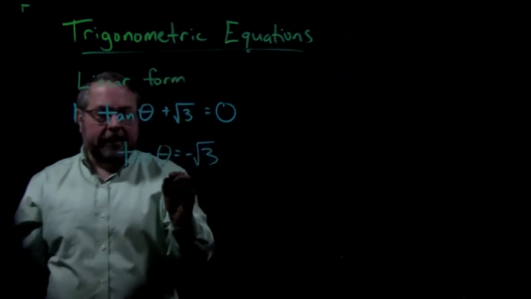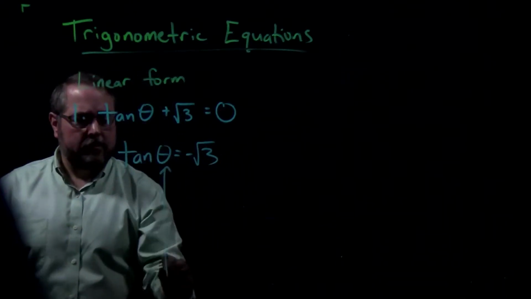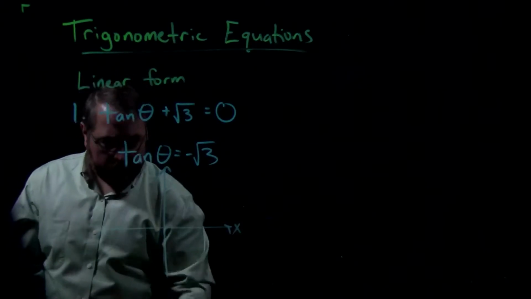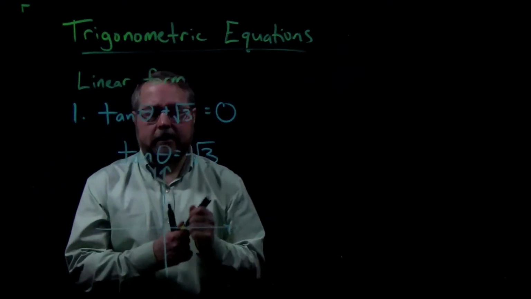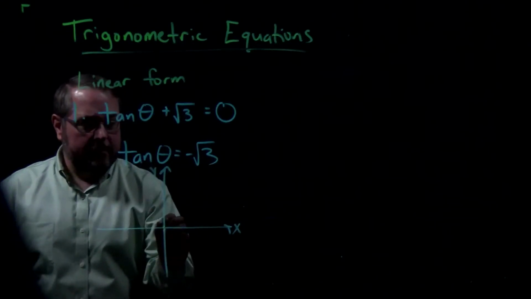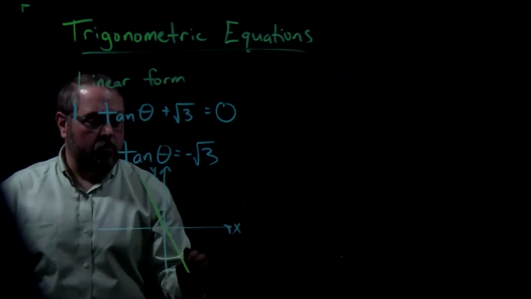Okay, so if that's the case, what do we know about theta? Well, tangent of theta is negative, which means we're going to be in either the second quadrant or the fourth quadrant.